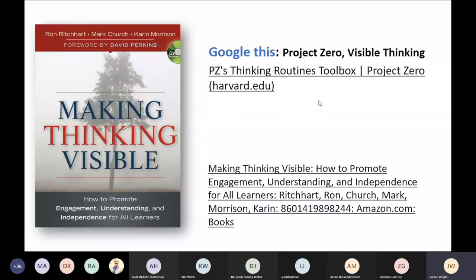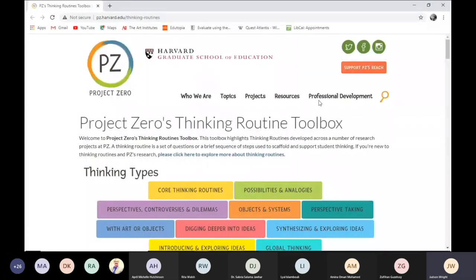I've just added some screenshots here because I didn't want to try to leave and see what happens. You go there and they have all of these different routine types. So if there's certain kinds of thinking you have to hit benchmarks on or share, whatever it is, across various fields, you can probably find something here.